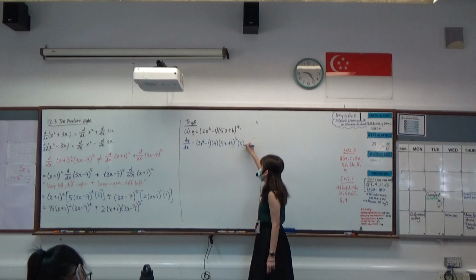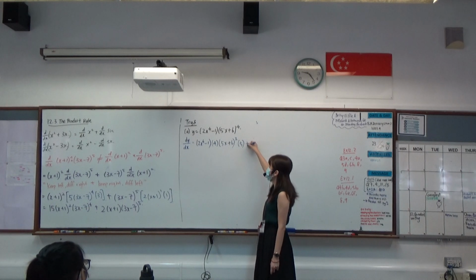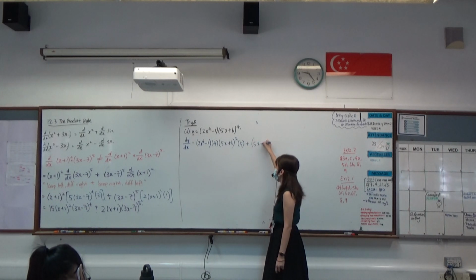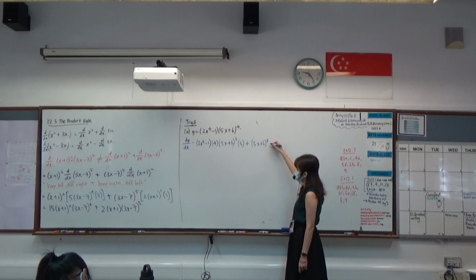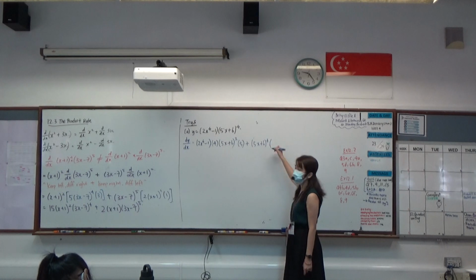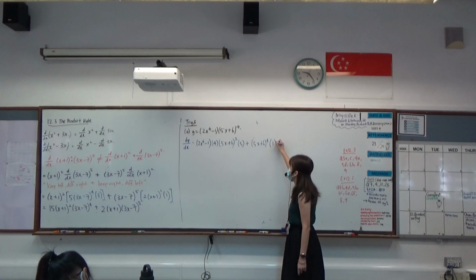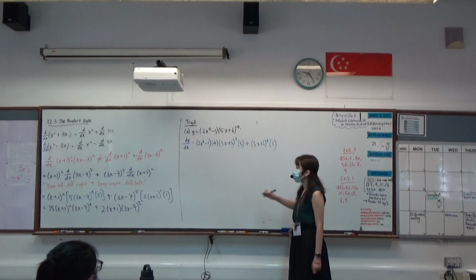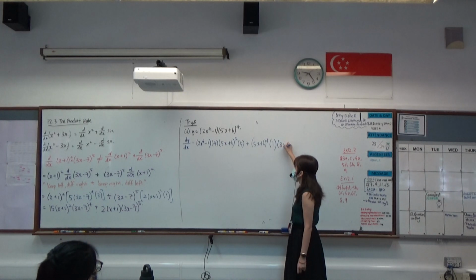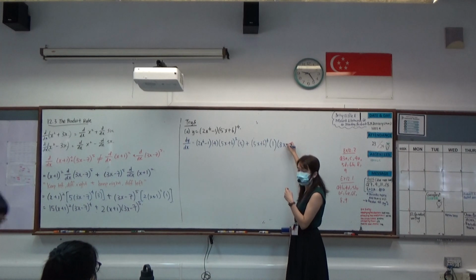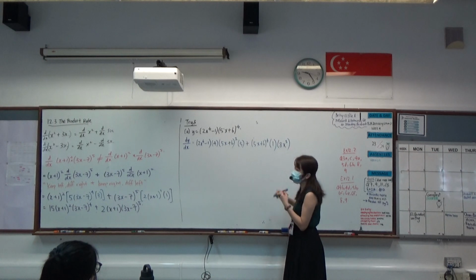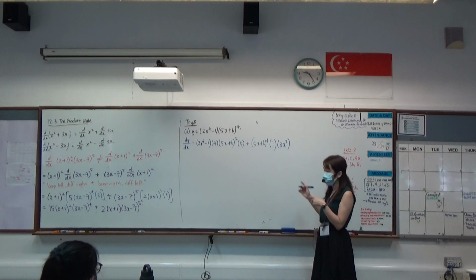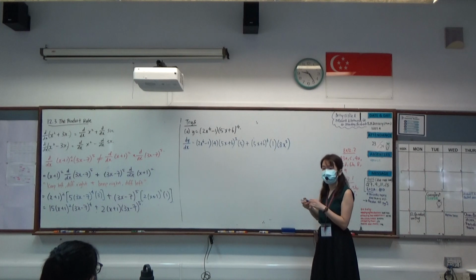Followed by plus the second term, and then times 1. And 8x to the power of 3, okay. That's all? Okay. Are we agreeable to this?